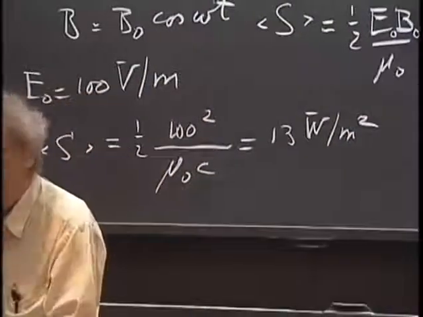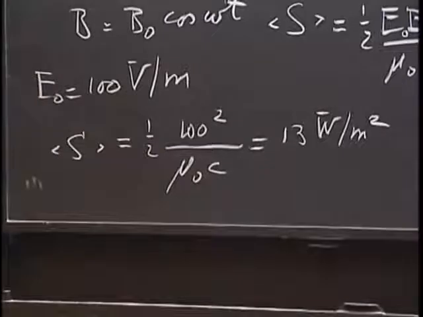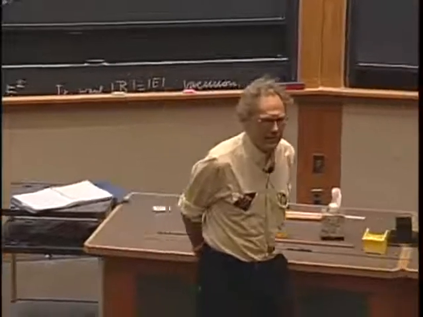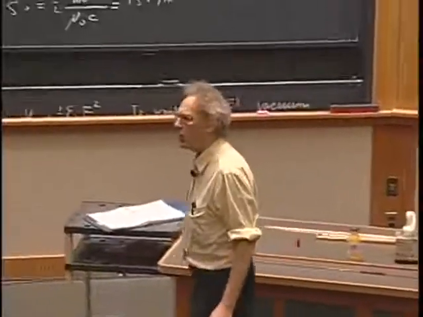Now, if you exposed yourself to 13 watts per square meter of visible light and infrared light, you take all your clothes off and you expose yourself to that, your body will absorb that. It will not go through your body. X-rays may go through your body, gamma rays certainly, but infrared radiation and visible light gets absorbed by your body. And so the question now is, will that harm you?